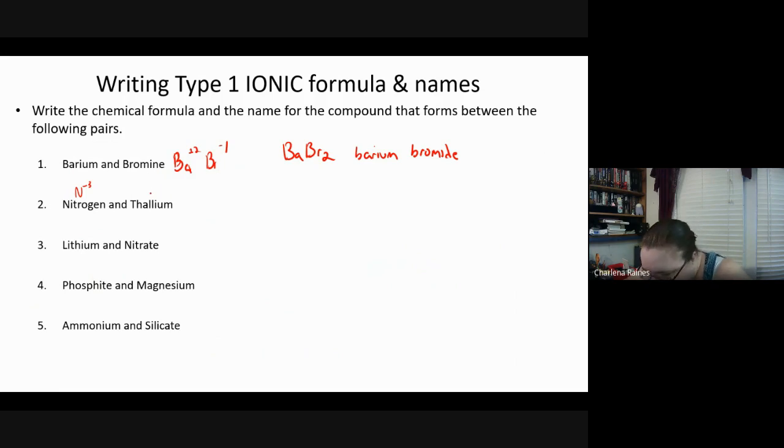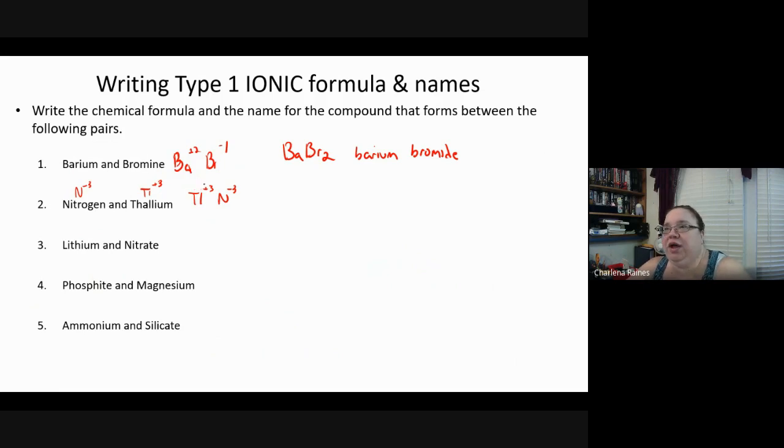So looking at the next one, we've got our nitrogen, which is a -3. Thallium, which is TL, is a +3. Well, my positive ion, my metal goes first. My nonmetal goes next. Notice these charges cancel out. They're both the same number with opposite signs.